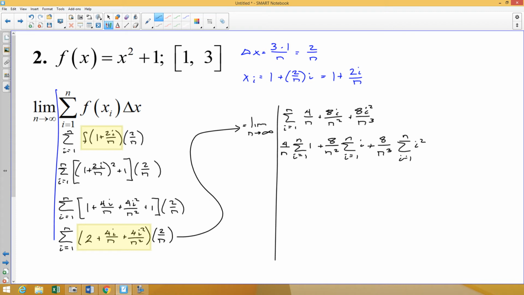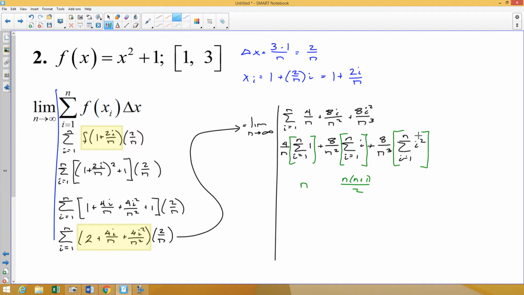Okay? And then now I have some simple summations here that have very nice formulas. The sum of the first n constants of 1, the sum of the first n integers, and the sum of the first n squares. Those formulas are: the sum from 1 to n of just a constant is going to be n. The sum of the first n integers is n times (n plus 1) over 2.